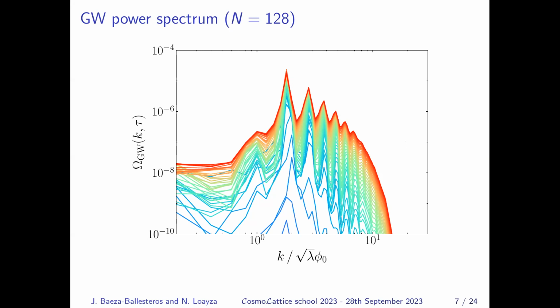So if you choose your omega star well, that means your phenomenon is happening at those scales, and we expect the peak of the gravitational waves to be around our value of omega star. That's why we choose omega star in that way. Maybe Danny wants to complement.